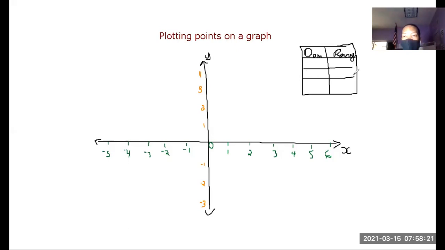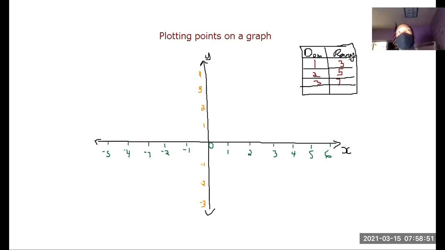Remember, domain means the x values, range means the y values. So I'm going to put in a point right here. 1, and say it comes out to 3. 2 comes out to 5. 3 comes out to 7, and so forth.